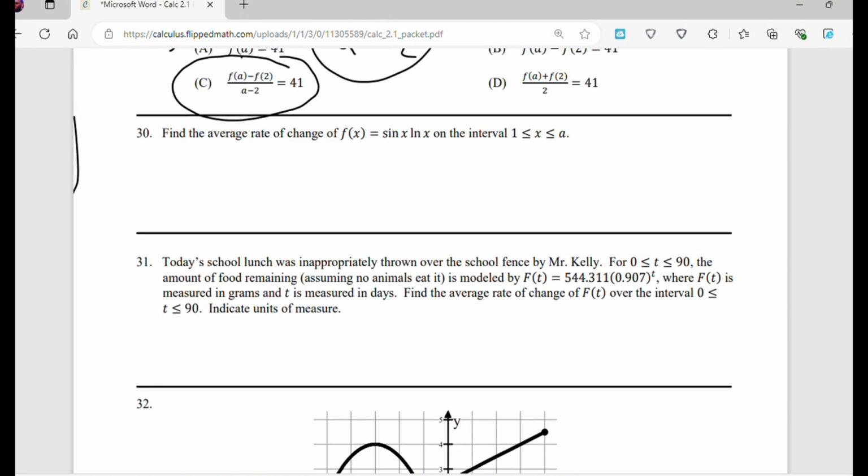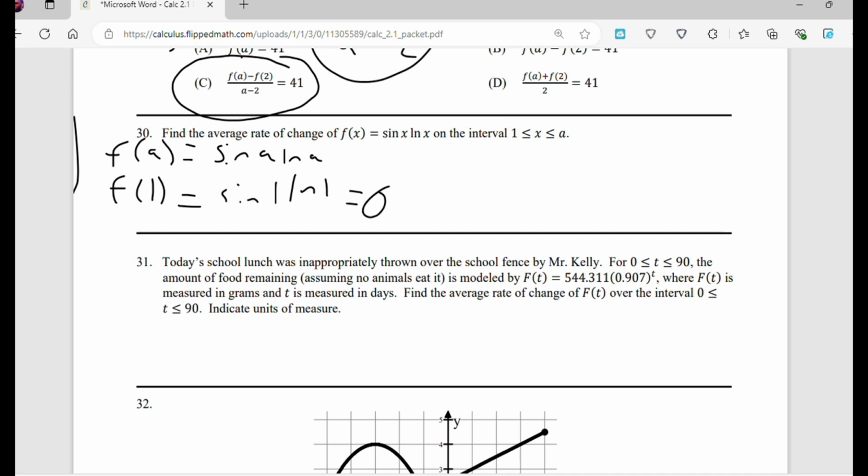Average rate of change of f of x equals sine x ln x. Okay, let's find our f of a, which is our f of b, but it's pretty funny. Okay, f of a, we don't have any values, so we're just going to plug in that variable. f of 1 is sine 1, ln 1.